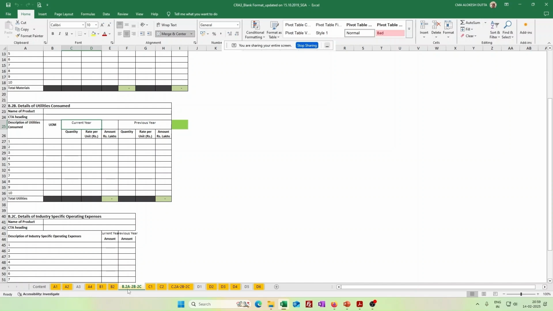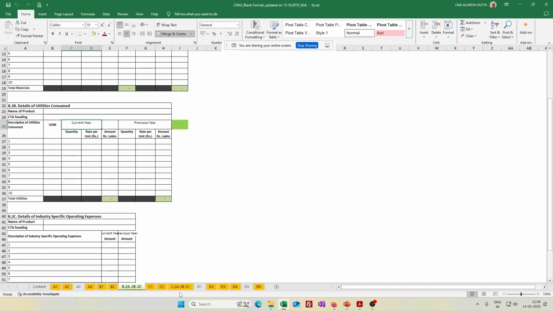For that cost, you have to set aside some money with the coal controller or mineral controller, so that you can utilize that money at the end of your operation. That cost is the mine closure expenses. So these are peculiar things present in the mining industry, but not in any other industries.